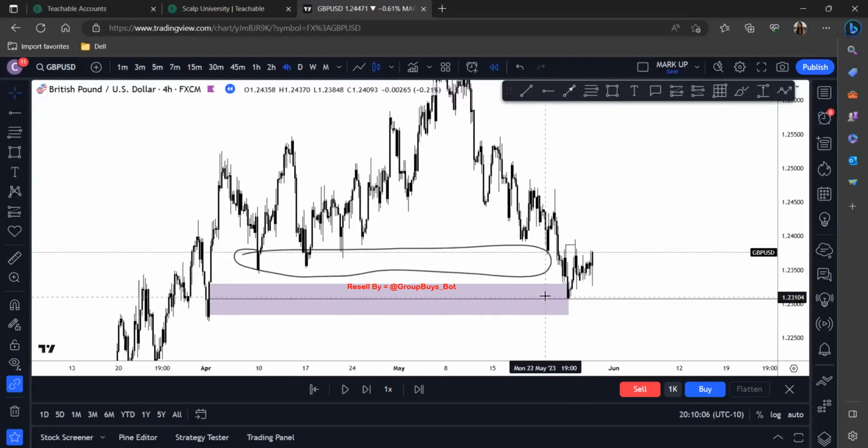So when I see price dropping down to a 4 hour POI or even a 1 hour, right? It doesn't need to be a 4 hour, but a 4 hour would be stronger. It doesn't really matter.